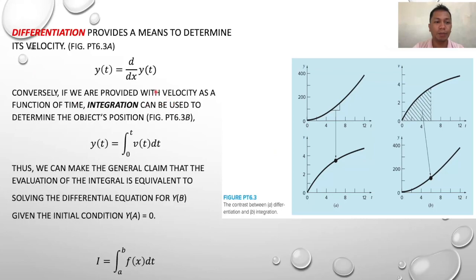Conversely, if we are provided with a velocity as a function of time, integration can be used to determine the object's position. It can be seen here. Thus, we can make the general claim that the evaluation of the integral is equivalent to solving the differential equation for y of b, given the initial condition y of a is equal to 0.